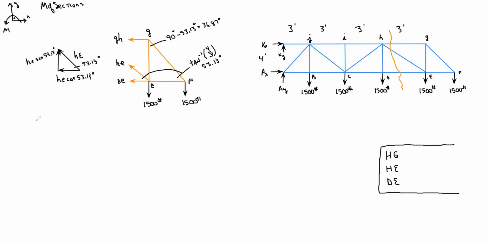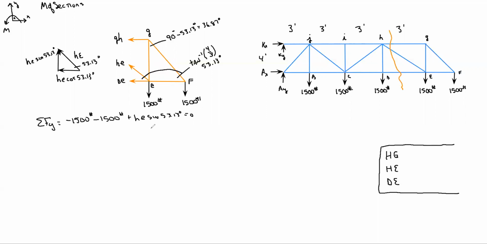We ought to be able to pick some of this up pretty quick now. Summation of the forces in the Y direction would be negative 1,500 pounds minus 1,500 pounds plus HE sine 53.13 degrees is equal to 0.